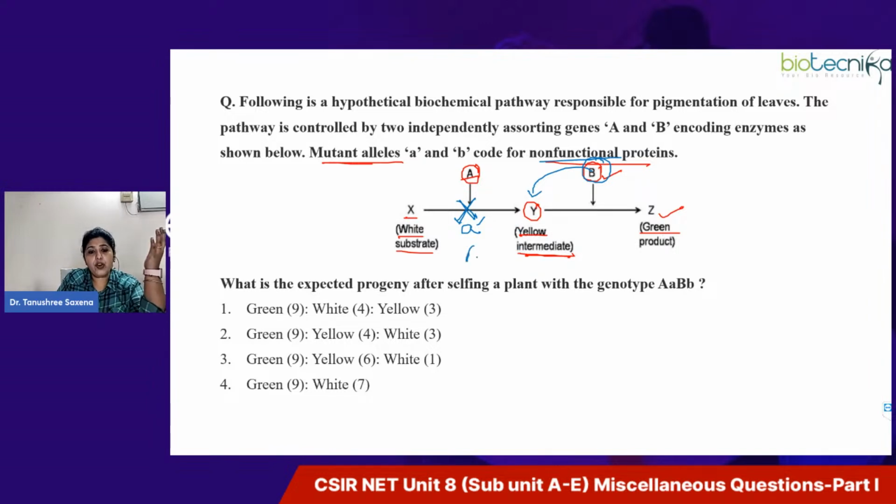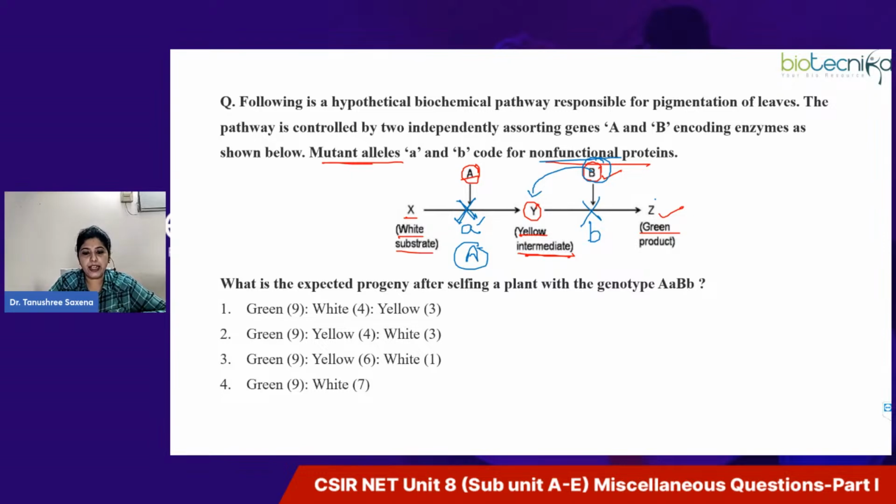Similarly, if you have the normal A but your B gene gets mutated, your substrate will be converted to intermediate, but the final product will not be formed because gene B is mutated and will not encode the functional product converting the intermediate into the final product. So this is the explanation of the question.